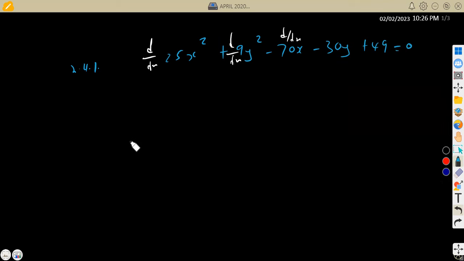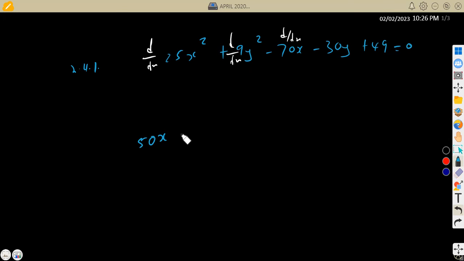So what are you going to have in this case at the end? If you multiply, that's 25 times 2, which is 50, so it's going to be 50x. We do the same thing here, the derivative with respect to x. We do not have x, so that's where you find the derivative of what you're given, then multiply by dy/dx.